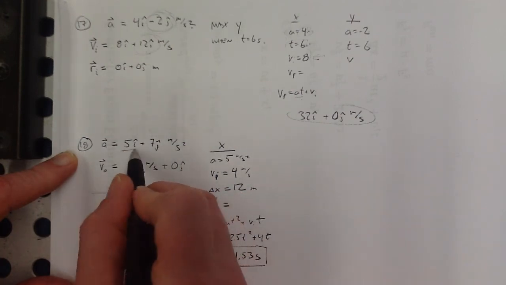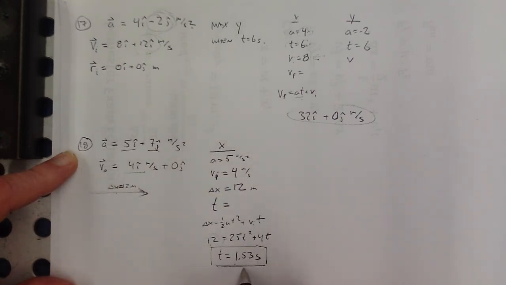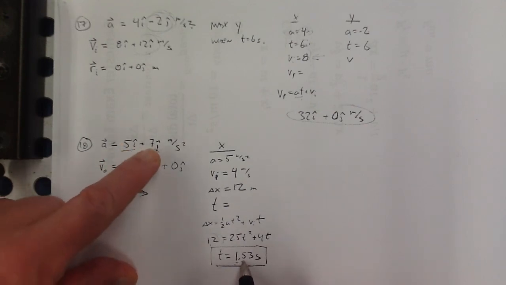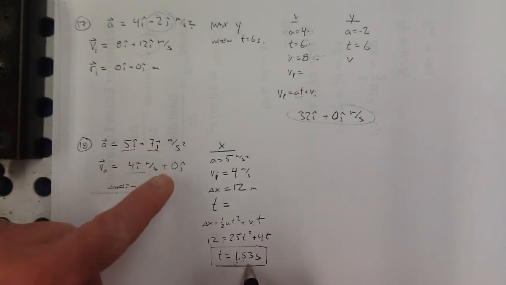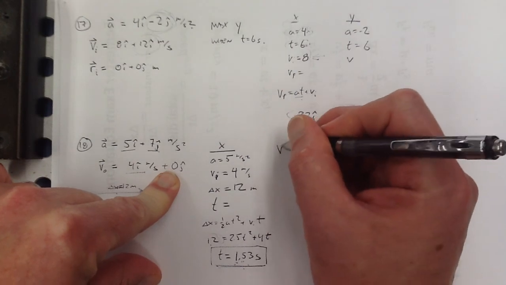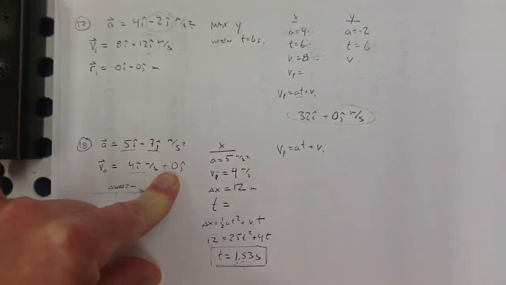And I'm going to be doing this acceleration to it for 1.53 seconds. So that means 5 times 1.53, that's what's going to happen to this, and 7 times 1.53, that's what's going to happen to this. Basically, I'm using this VF equals AT plus VI equation, right?